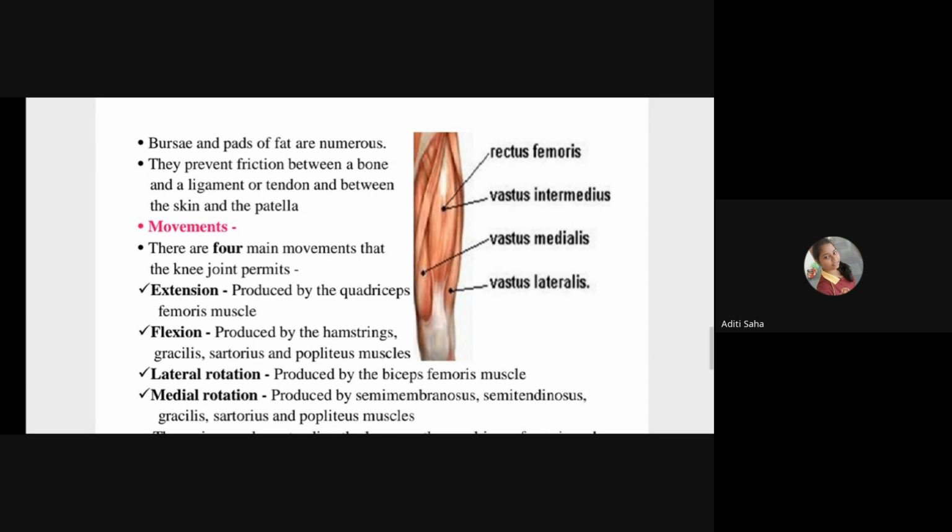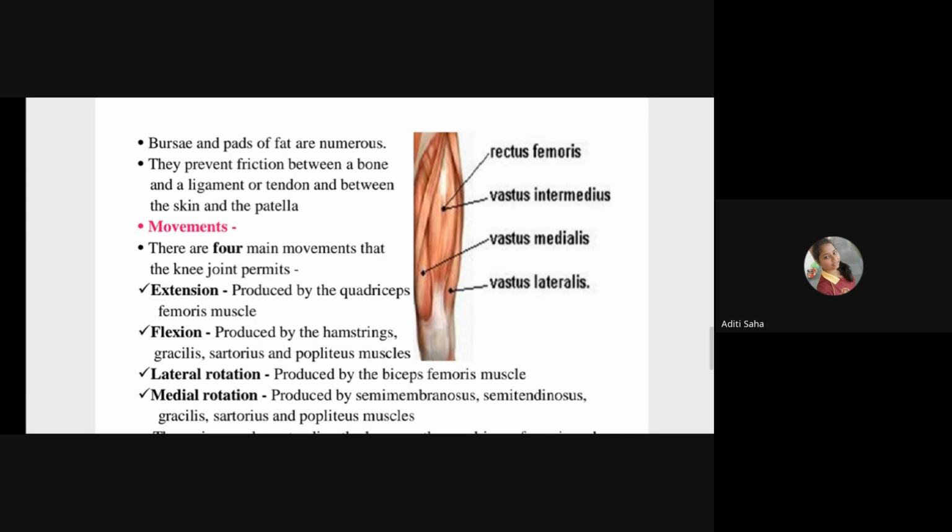Okay, madam. See here it is written: bursae are pads of fat. They prevent friction between a bone and ligament or tendon, and between the skin and patella. So what I told, they are protecting the joints. They reduce friction between bones, ligaments, joints, and these are fluid filled sacs.